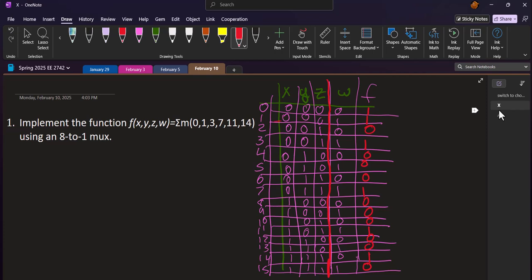So notice what happens. If you look, X, Y, and Z are the same for every pair here.